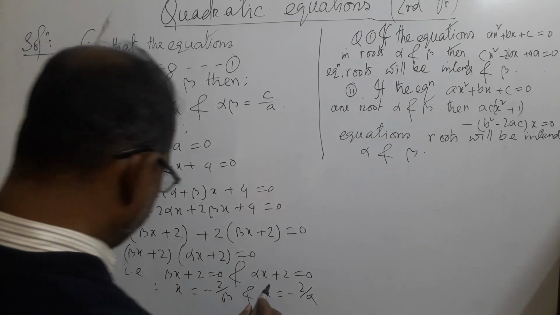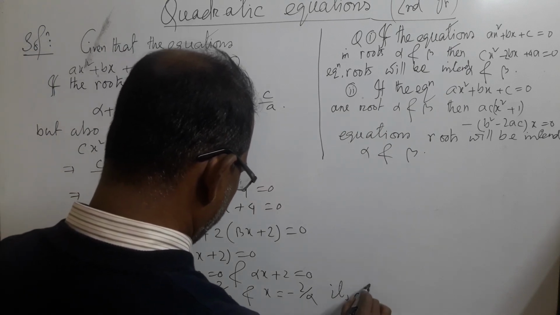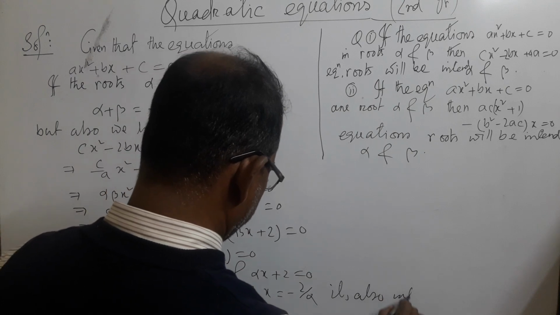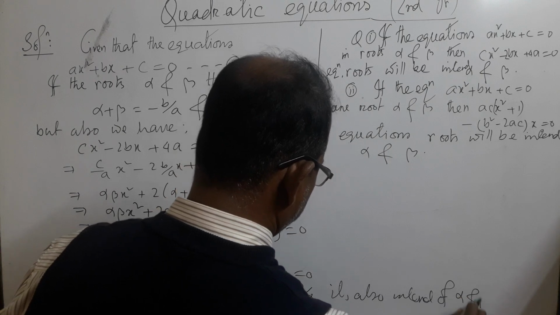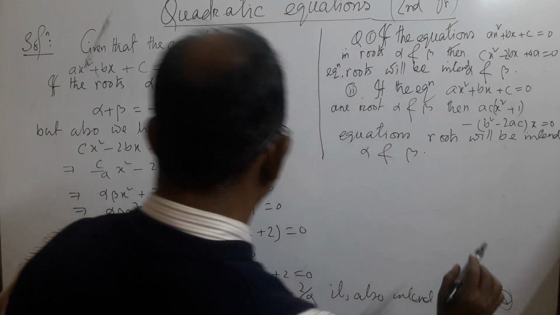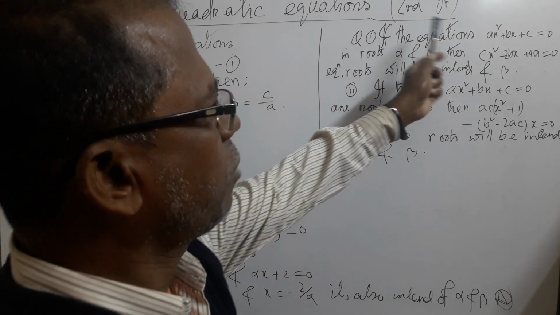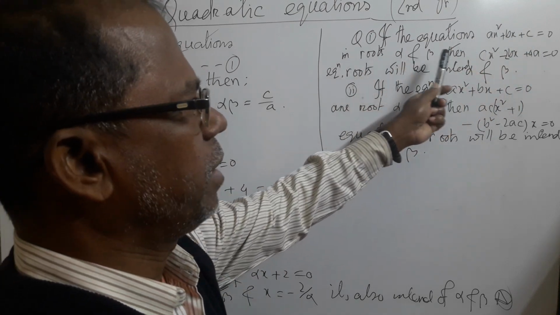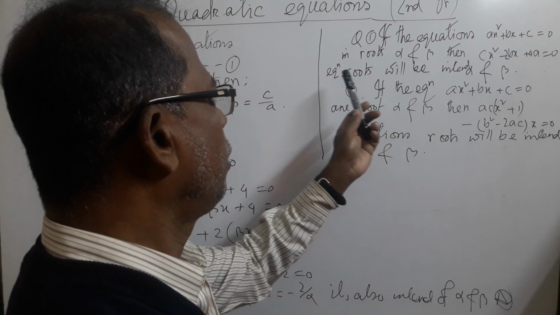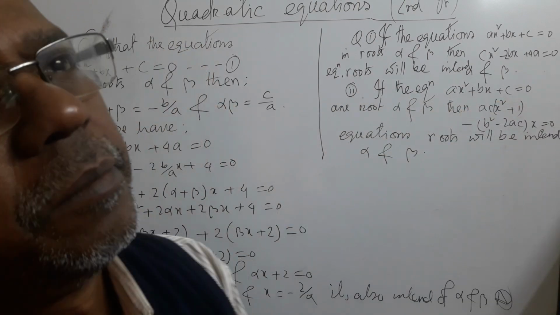So it is also in terms of alpha and beta. It is the answer. So we have to repeat this question: if the equation ax² + bx + c = 0 has roots alpha and beta, then the other equation has roots in terms of alpha and beta.